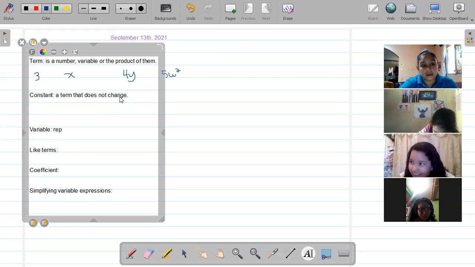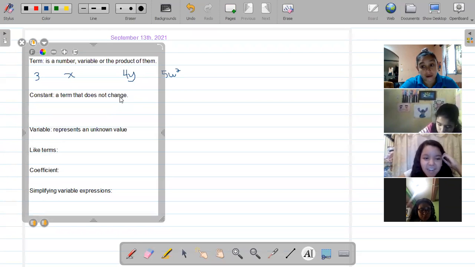So it represents an unknown value. That's why it can change, because you don't know how much it represents. It could represent 1, but it could represent -1. It can even represent 0, a half, 0.5. So it can represent so many things that we do not know. So we're going to say that a variable represents an unknown value. It can change.